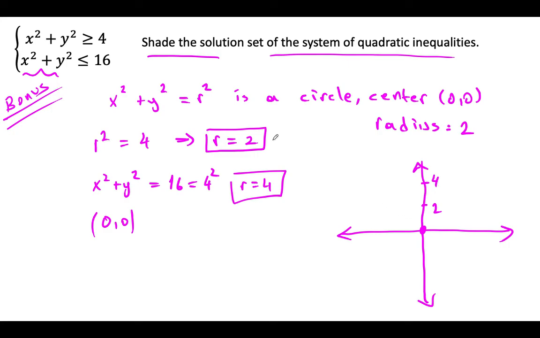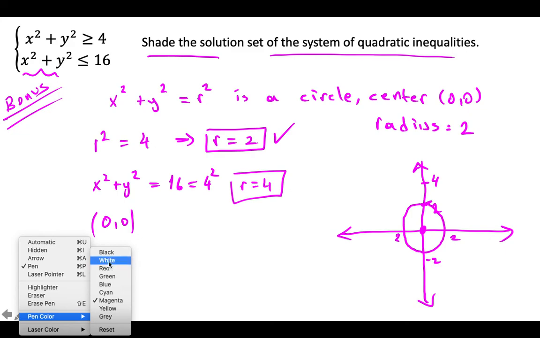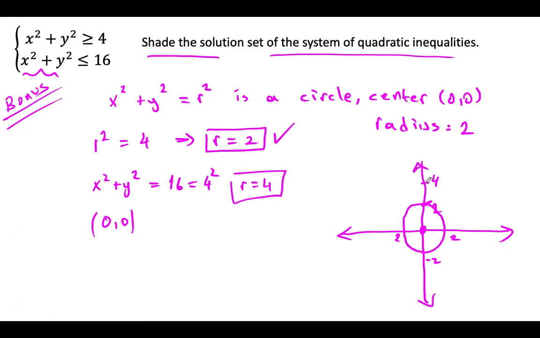So the first one is a circle through 2, negative 2, and so on as positions. Let me change the color. And then, what about the second circle? The second circle is this one, through 4, negative 4, positive 4, and negative 4.